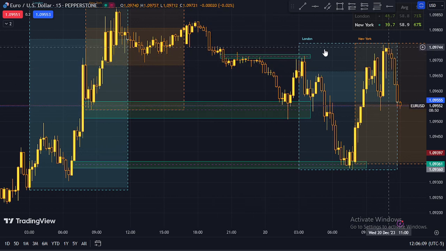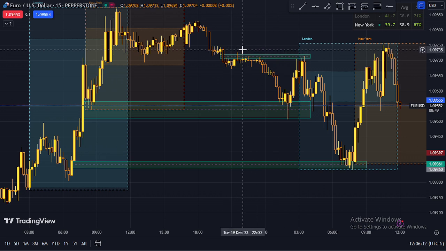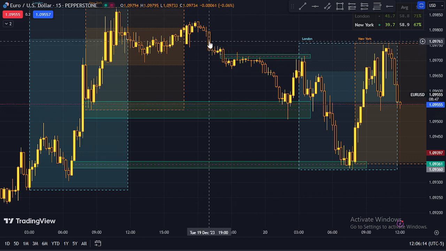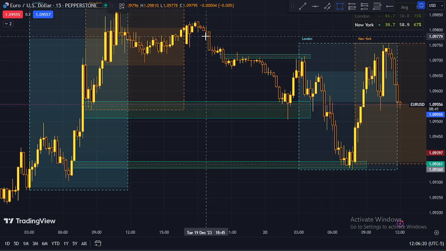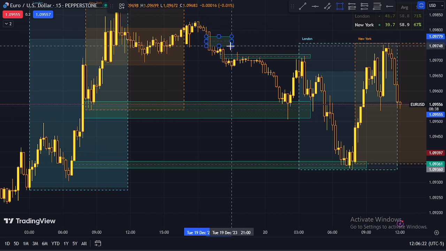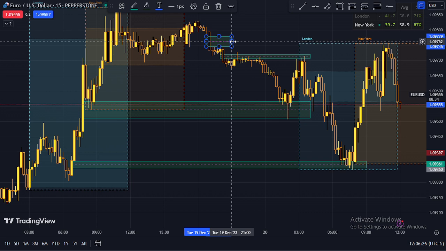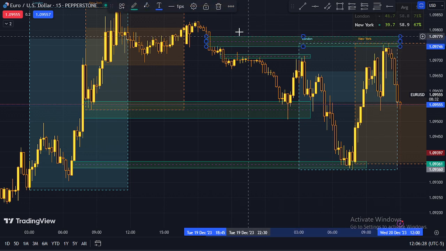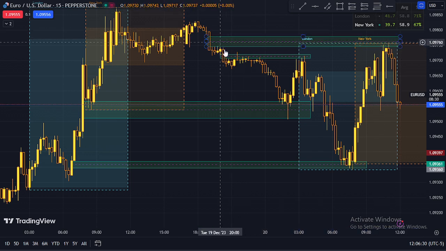Why? Because it has taken out the buy side, and we have also this inefficiency where price has already traded into. So all these, whenever you mark these, this is your way to backtest, and you journal them. Maybe you screenshot that, you journal that for you not to forget.